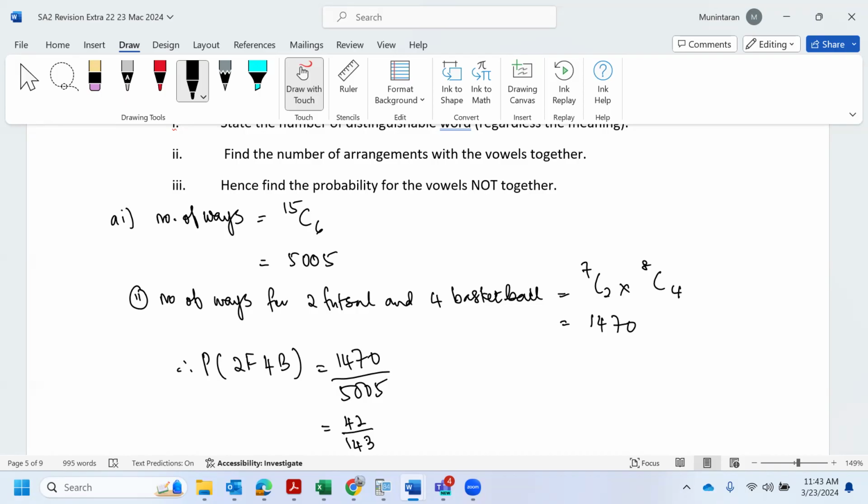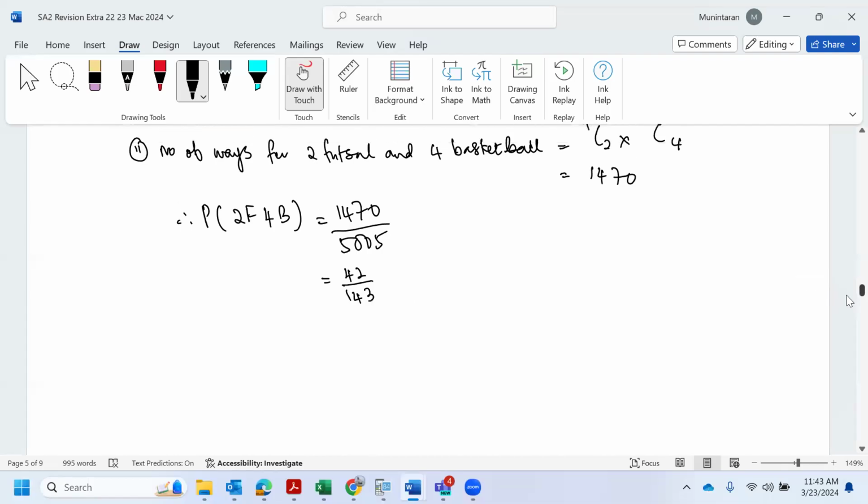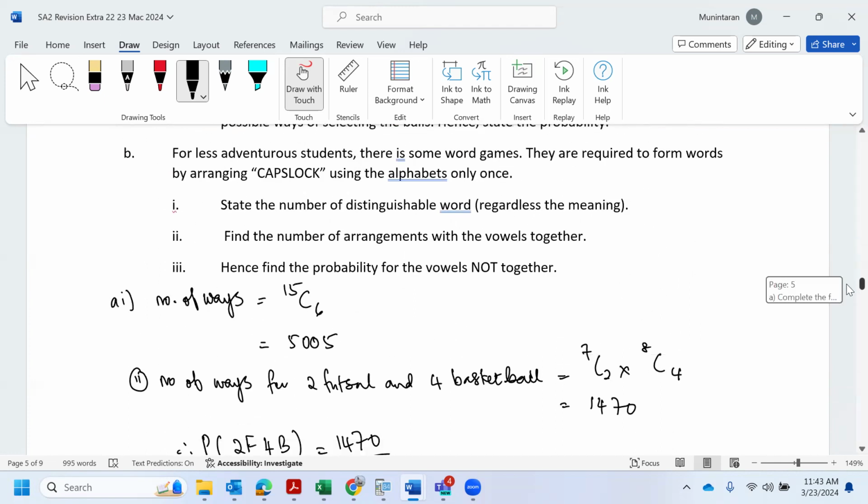Whatever fraction you have, always key in your GC, change it to a fraction and see. Do not leave your answer unsimplified. That's it about that.